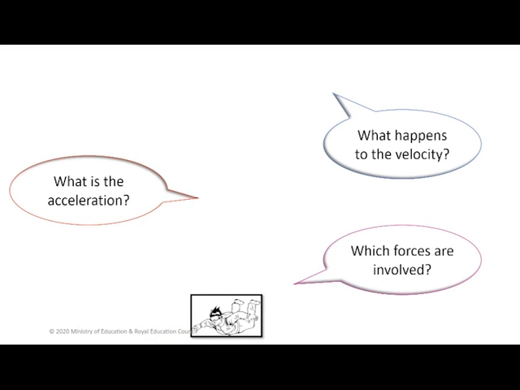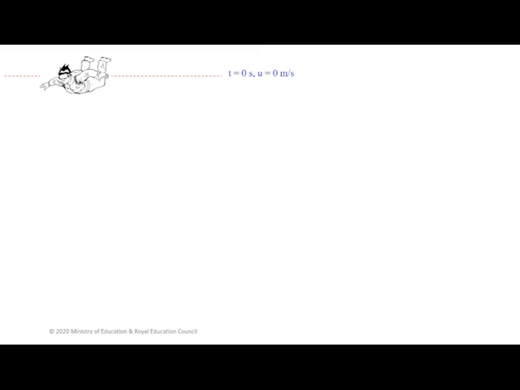So the first question is, what happens to the velocity of this person? What is the acceleration? And finally, what forces are involved when you skydive? To answer these questions, we're going to see the stages of skydiving. If you see in this slide, initially the time is 0 seconds and velocity is 0 meter per second.